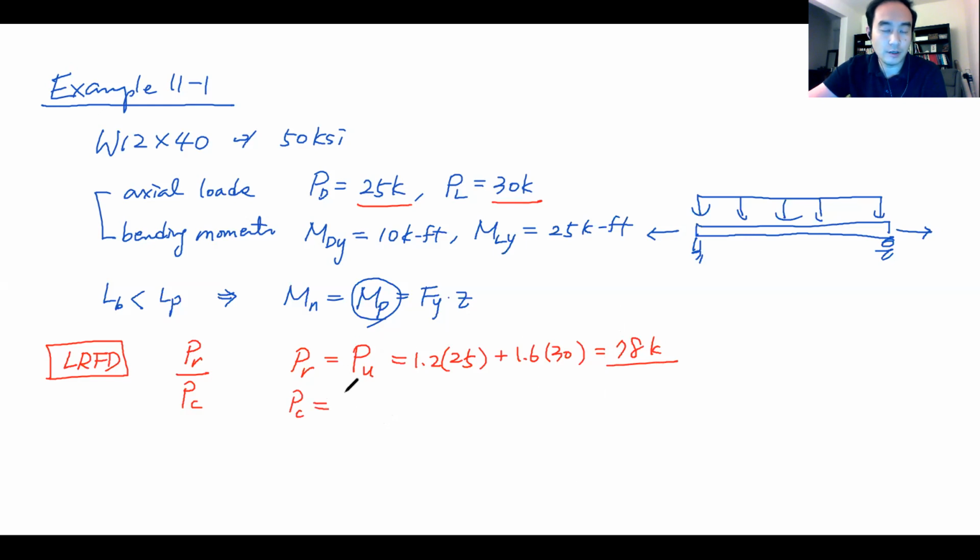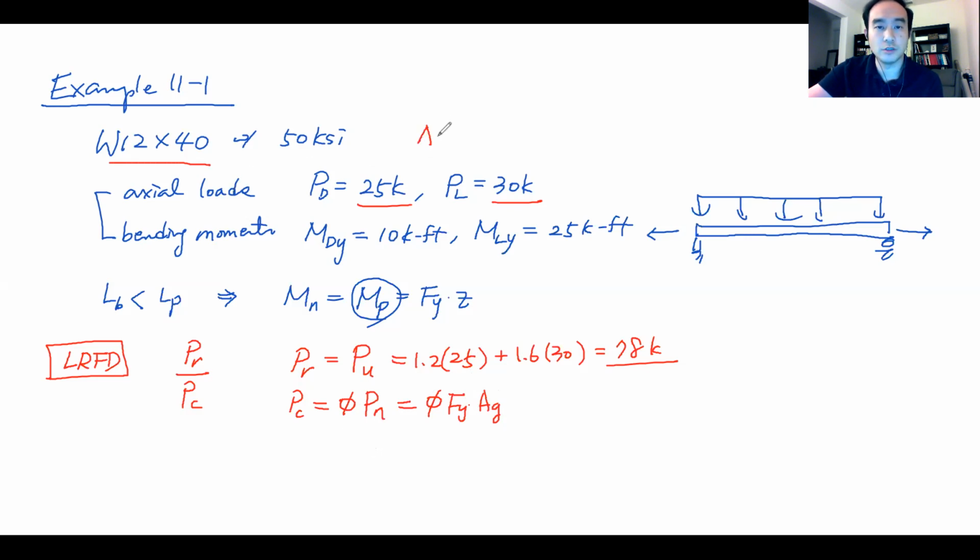this is, in this case, going to be capacity. Here it is phi times Pn. And phi times Pn for the tension member. And there's no hole, so it's going to be the tension capacity against the yielding limit state, which is going to be Fy times Ag. So just look up the Ag, the gross area for W12 by 40, which is 11.7.